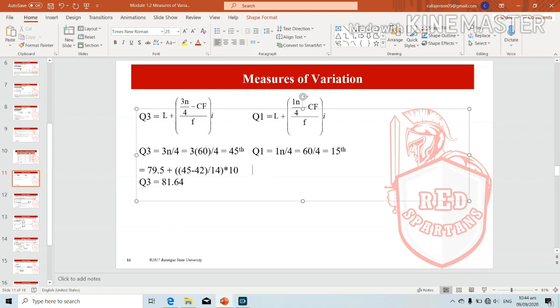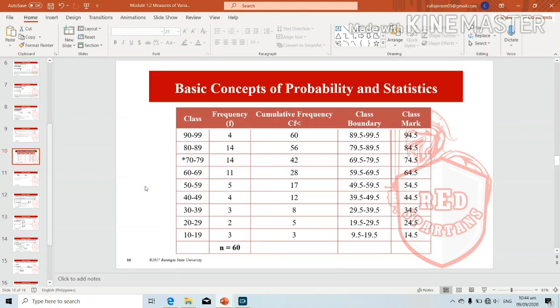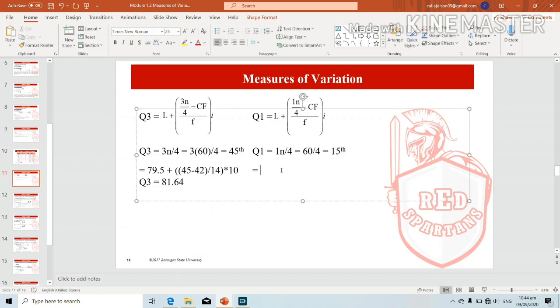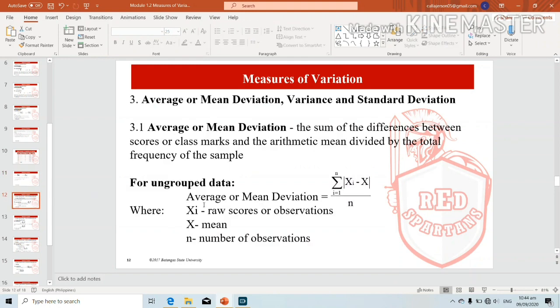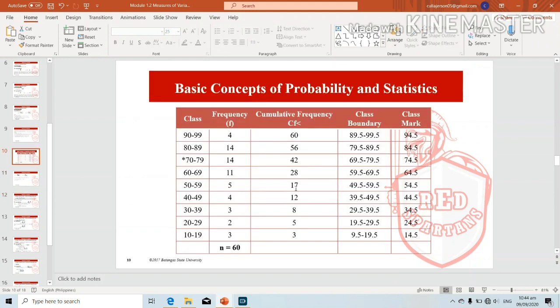Then, for Q1, identify natin yung sa Q1. Nandito yung ating 15. So, 50 to 59. So, ang ating exact lower ay 49.5. So, 49.5 plus, ang ating cumulative frequency below ay 12.